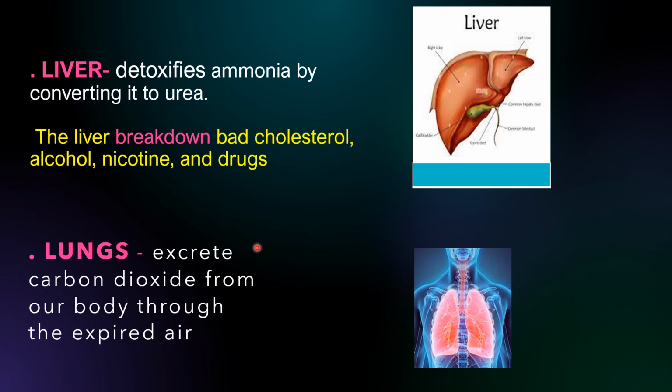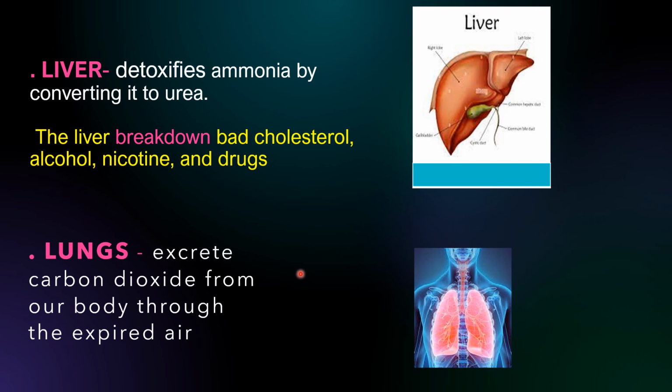Only in the main excretory organs, such as the kidney and all the organs associated with the urinary system, the actual excretion is happening, or removal of nitrogenous waste is happening. That's why kidney, ureter, urethra and urinary bladder come under main excretory organs.